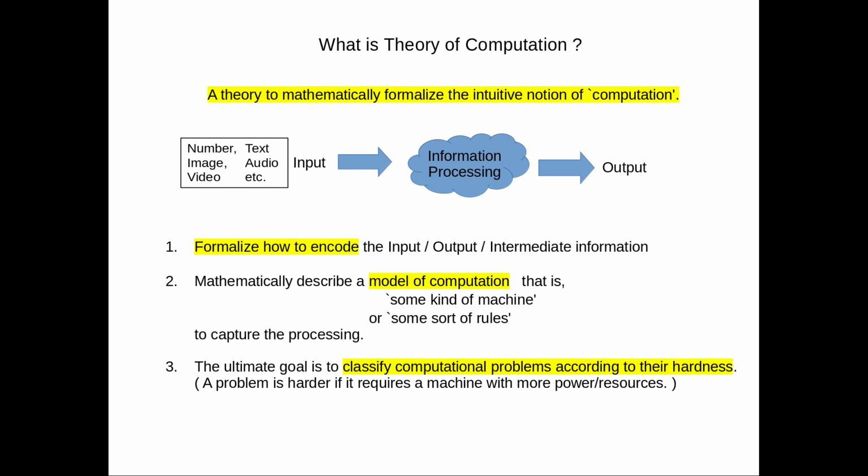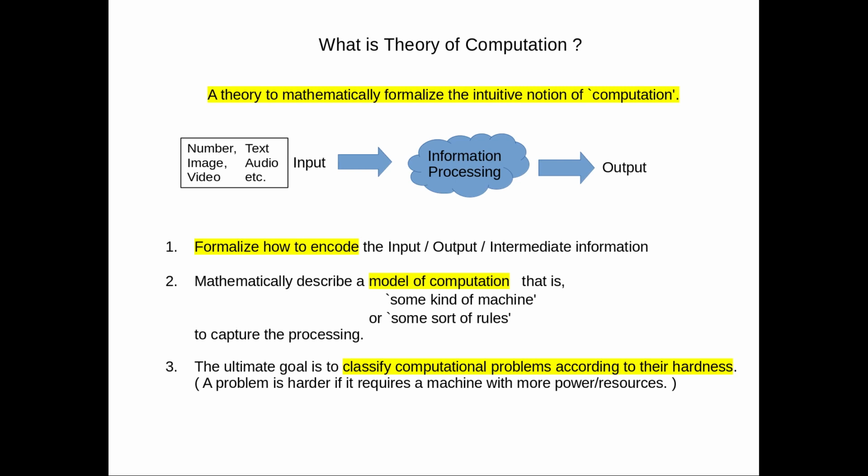A problem that you can give to a computer, say, given some number, decide whether it's a prime or not. And you have done maybe some algorithm codes, some programming codes. So you have some idea about hardness of a problem.